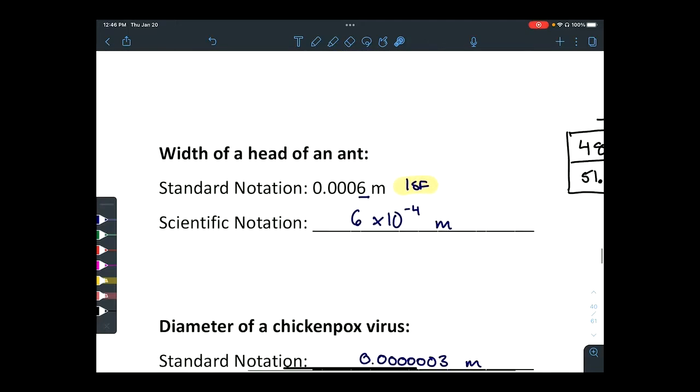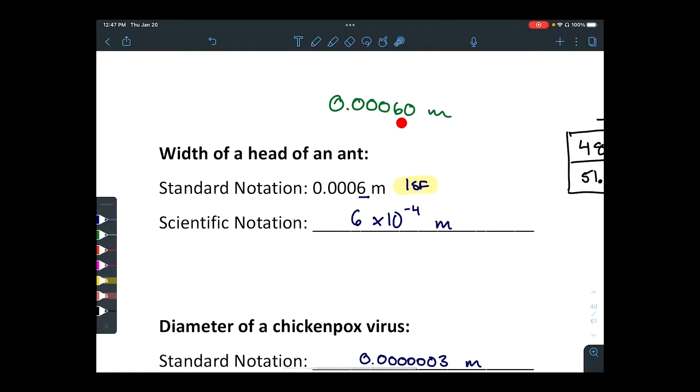All right. And we can use scientific notation for small numbers as well. Same thought process. Look at the number, how many sig figs are written in that number, and make sure that you convey that same number in scientific notation. So for example, if we wanted to convey the head of an ant, let's say we do 0.00060 meters.